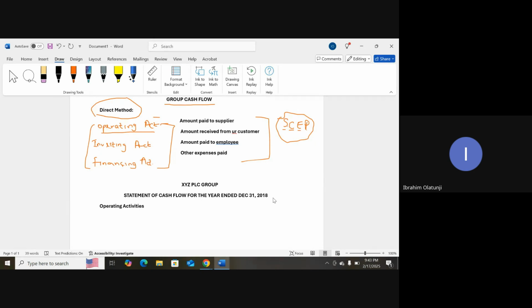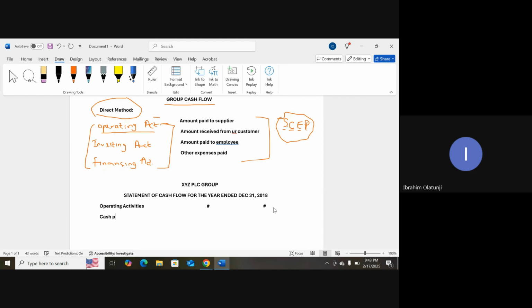Under these operating activities, I've already explained that when you are dealing with your cash flow and you want to use the direct method, you need what is called SCARE. That is, you need amount received from customer, supplier, and employee and other expenses paid.